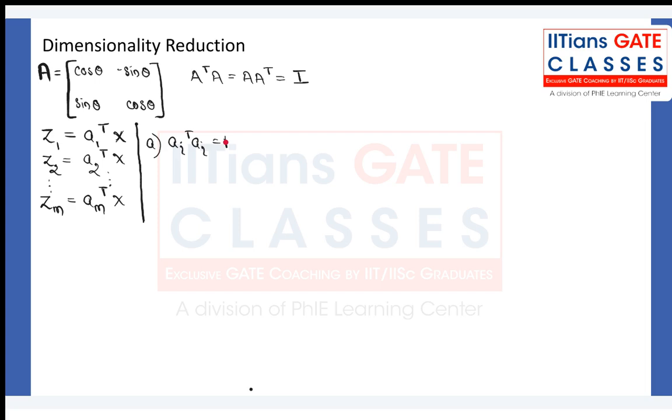The second important definition, the variance of Z1 should be the maximum, followed by the variance of Z2, followed by the variance of some Zi, and then the variance of Zm should be the lowest.